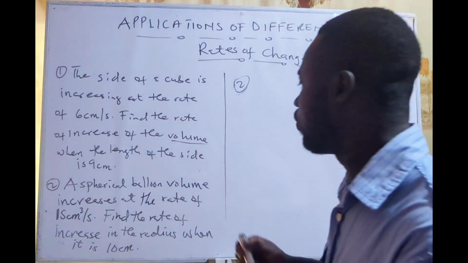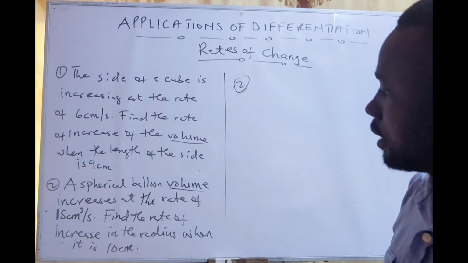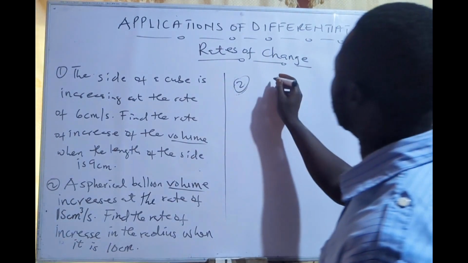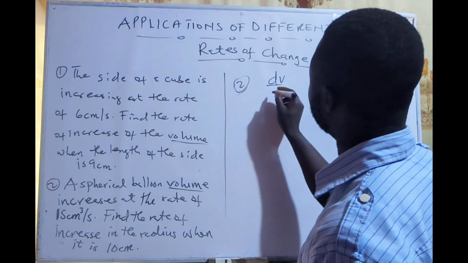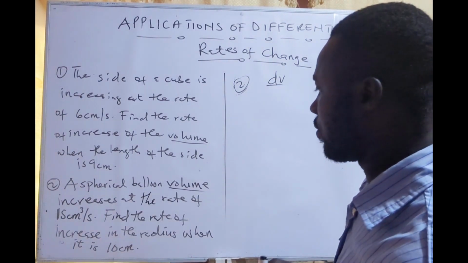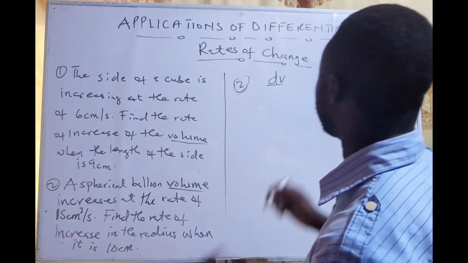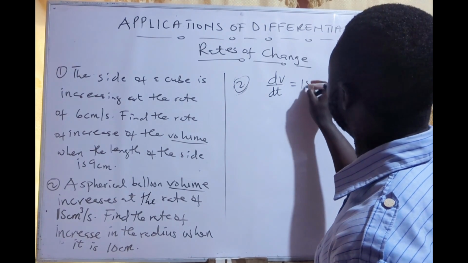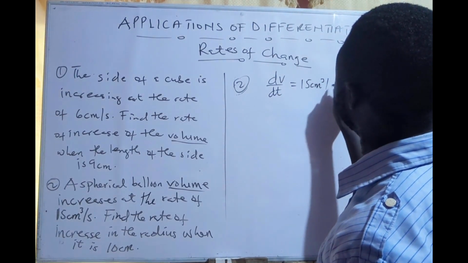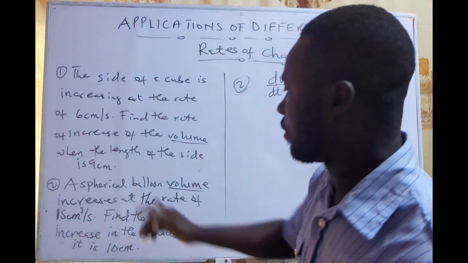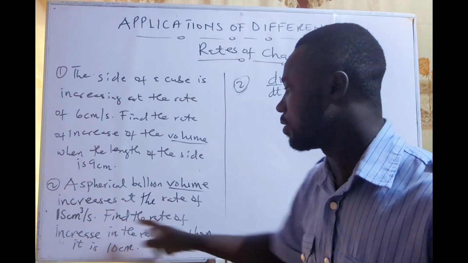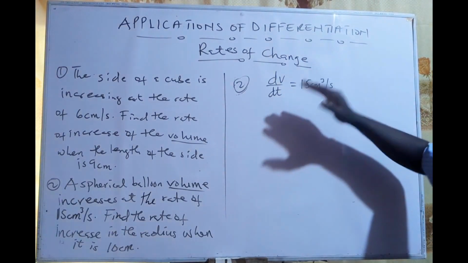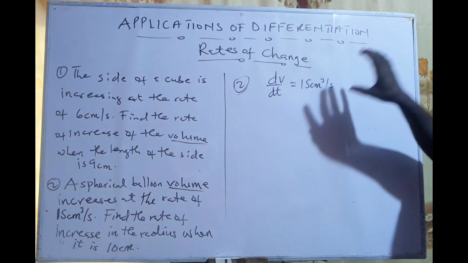The volume increases at the rate of 15 centimeter cube per second. So the volume with respect to time, dV/dt, is 15 centimeter cube per second.